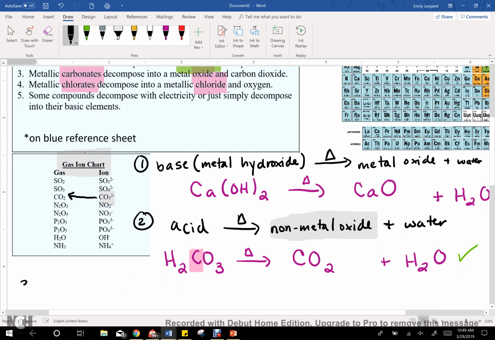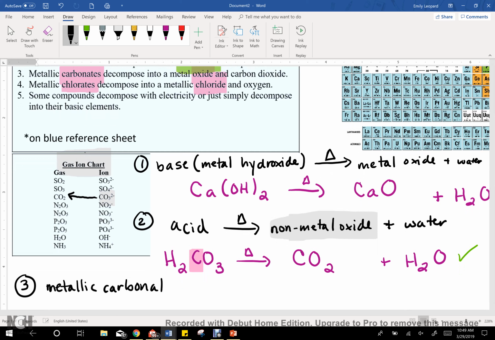So rule number 3. What this one says is that if you take a metallic carbonate, it should break down into a metal oxide and carbon dioxide.